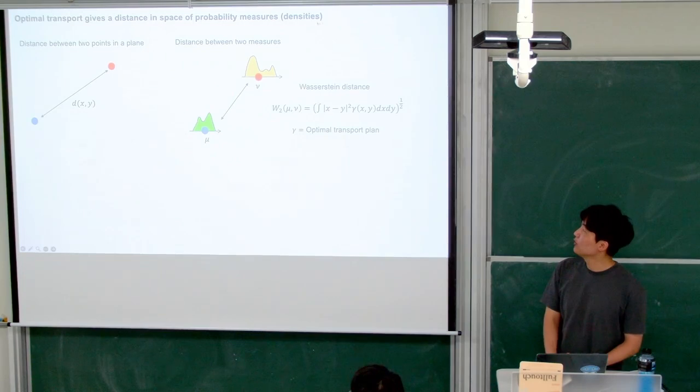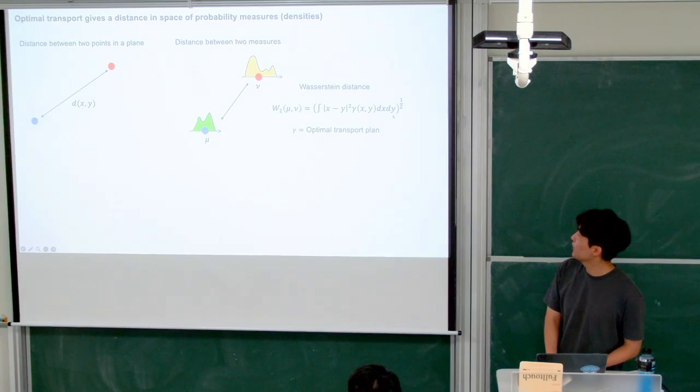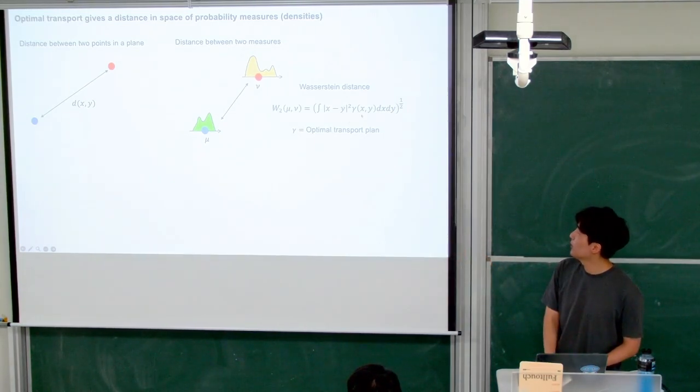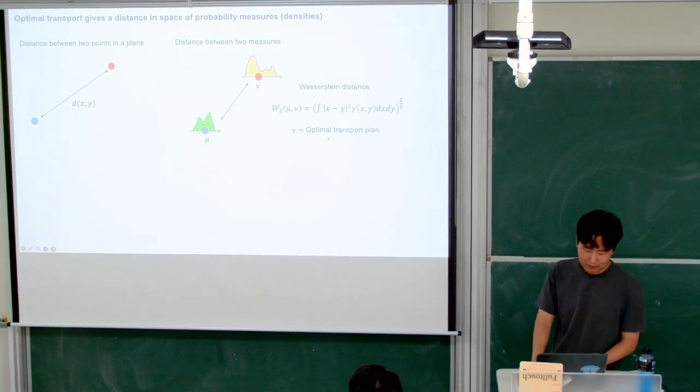Here, using optimal transport, we can define a distance between two measures, which is called the Wasserstein distance. As you can see from the formula, this is exactly the cost of a transport from mu to nu, where the gamma is chosen to be the optimal one.